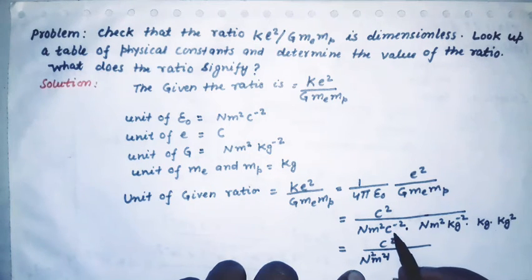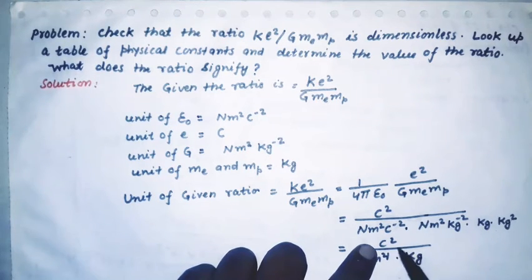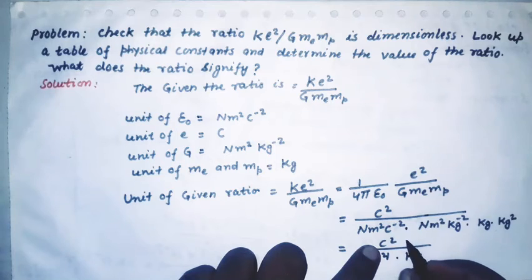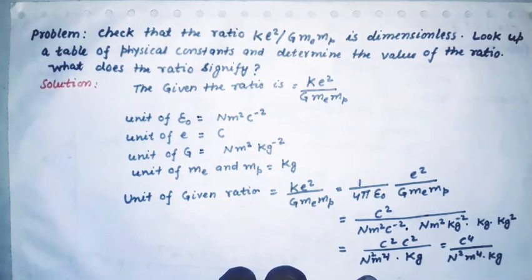And kilogram, only 1 kilogram will be remaining. This coulomb square will go up and this will become coulomb square. So coulomb to the power 4, newton square meter to the power 4 into kilogram.